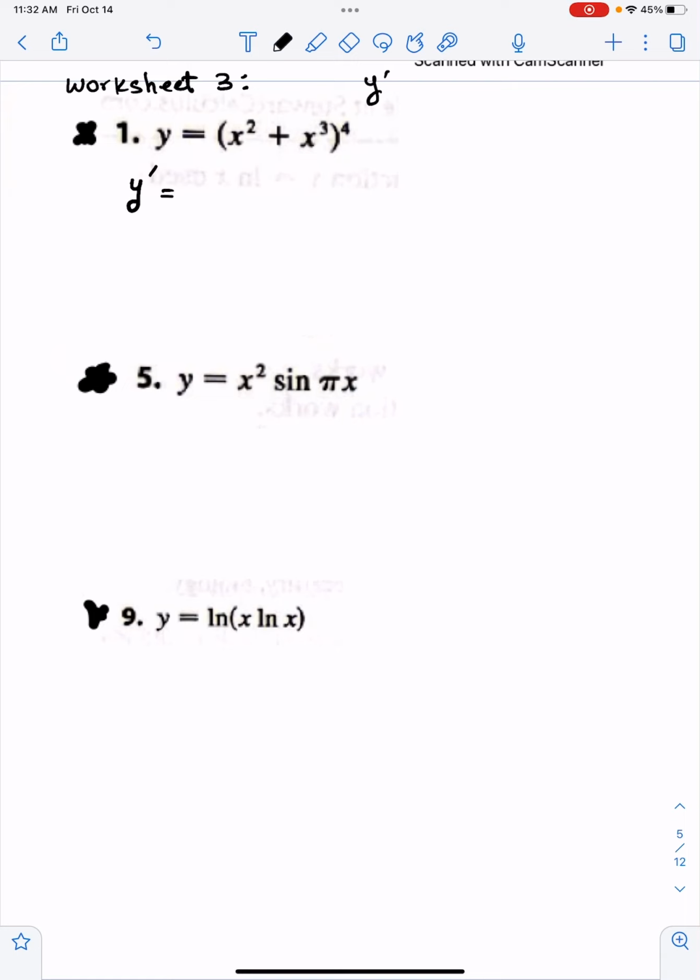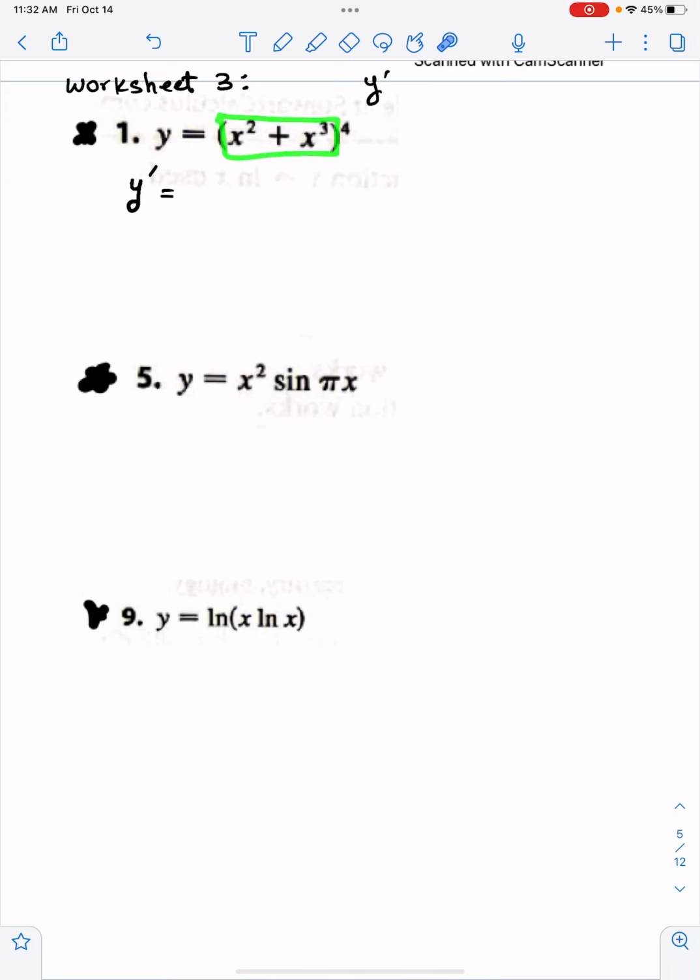There are two functions. Think of this part as the inside function and to the power 4 as the outside function. So imagine that this is a box to the power 4.